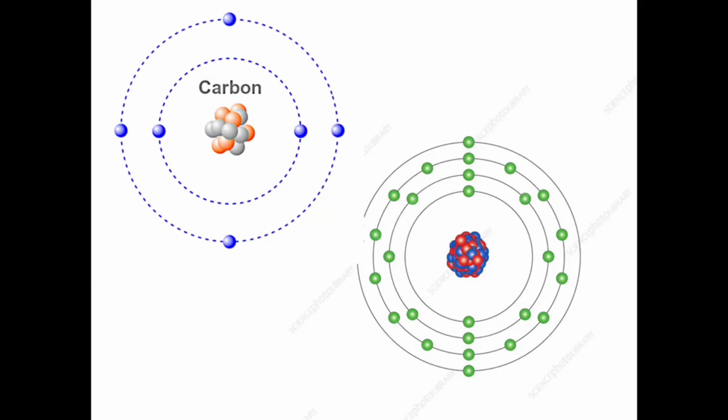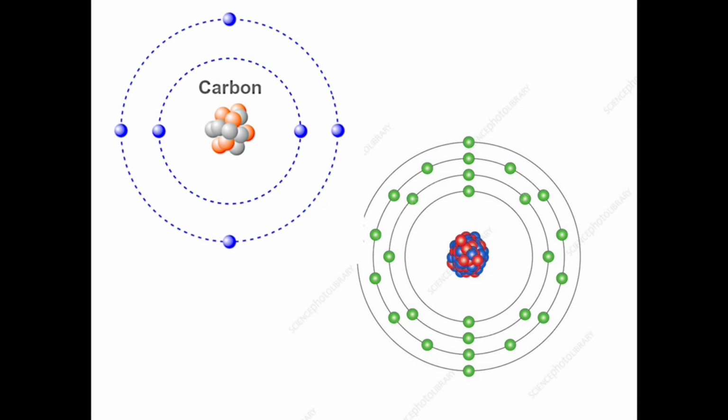Let us see about atomic and mass number. If all the elements are made up of the same subatomic particles, how will a carbon atom differ from an iron atom? The leftmost picture shows the carbon atom and the next one shows the iron atom.